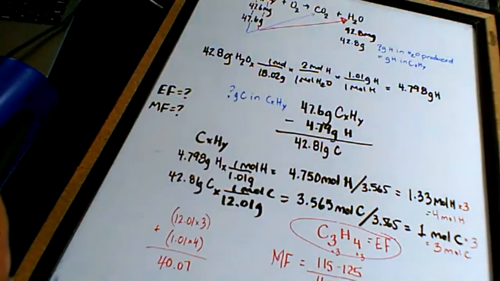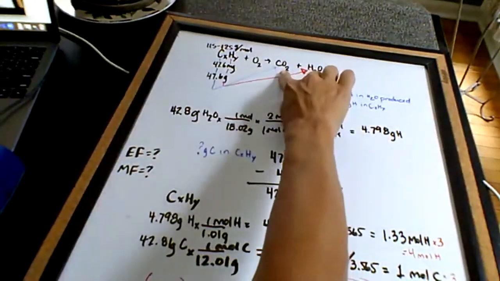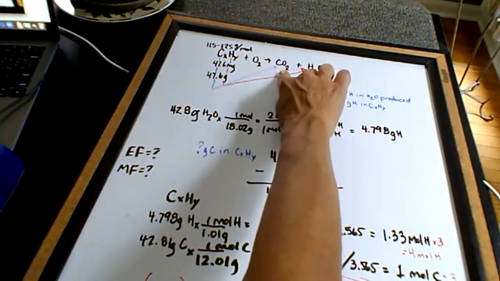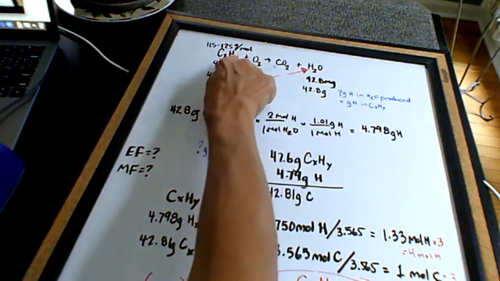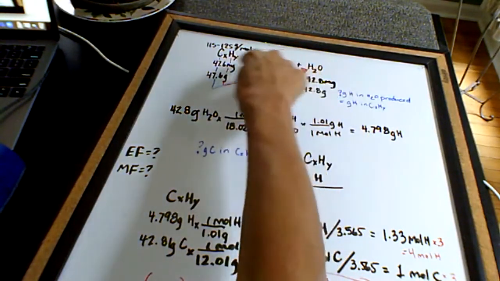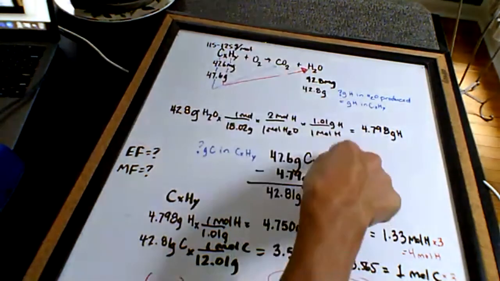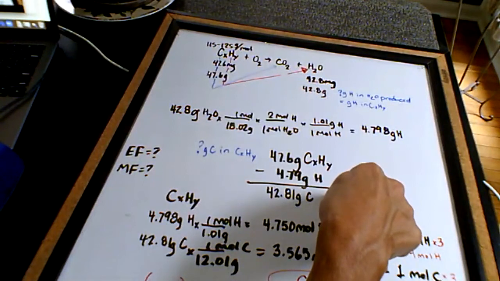Sometimes they'll also give you the mass of carbon dioxide. And that's particularly when there's nitrogen or oxygen in here, so that you have to get how much hydrogen is in here and how much carbon is in here. And then you would subtract to get the remaining oxygen or nitrogen.